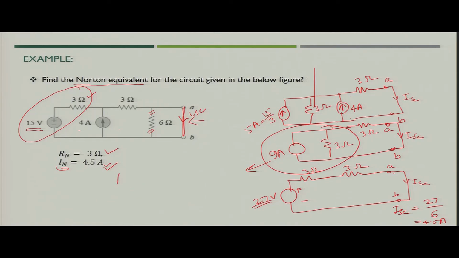So, finally, what would be your Norton's equivalent? Norton's equivalent would be 4.5 ampere current source in parallel with the resistance, that is 3 ohm across terminal A B. So, you get the Norton's equivalent of the circuit.